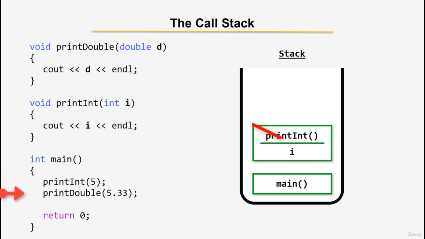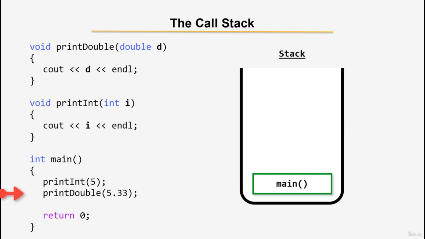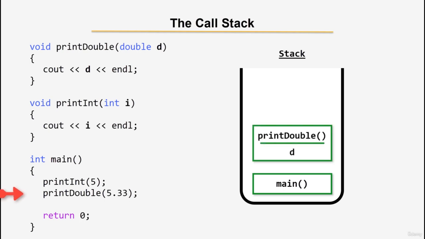So we go back to the main function, and then we pop that activation record, and whatever local variables or parameters we had for that function we pop from the stack. The same thing is going to happen with printDouble. Once we step into that statement, we'll push another activation record onto the stack, including the return address and everything else, and jump to that function and execute whatever is in its body.